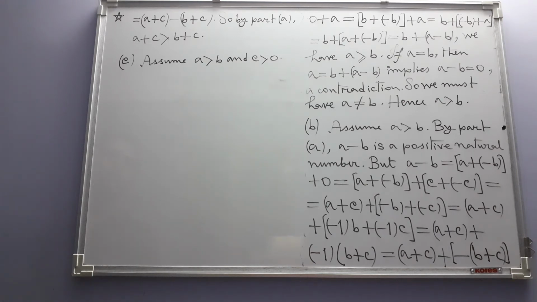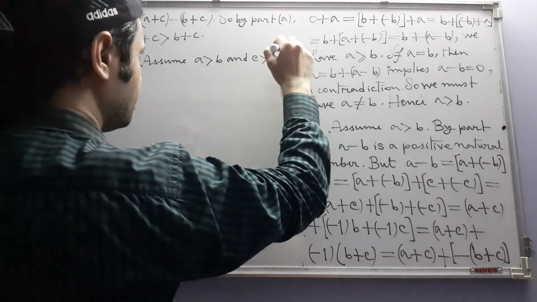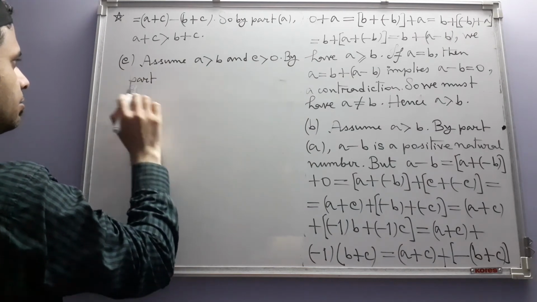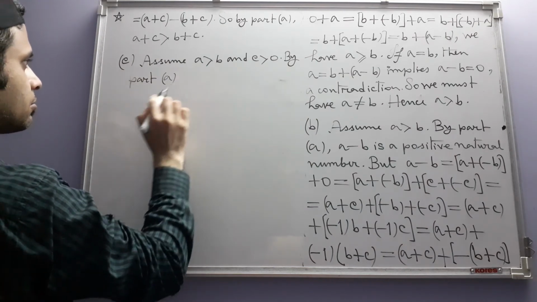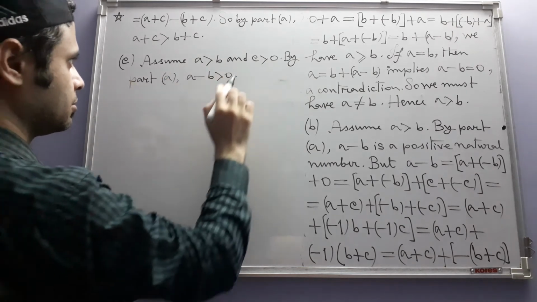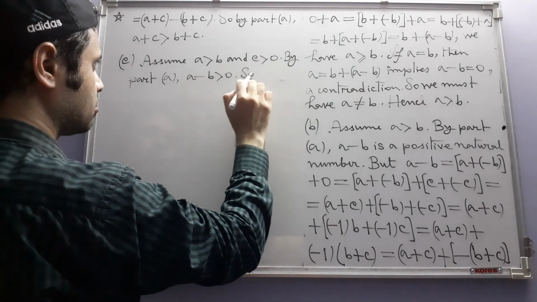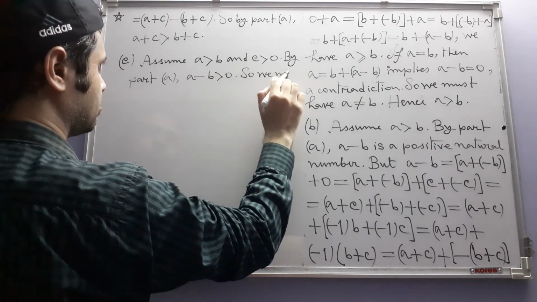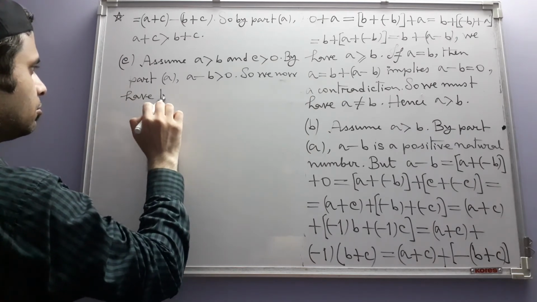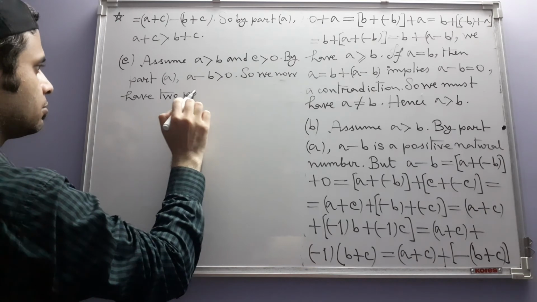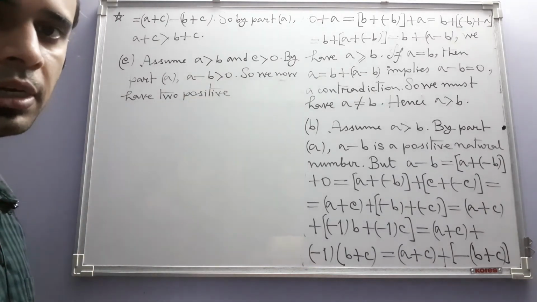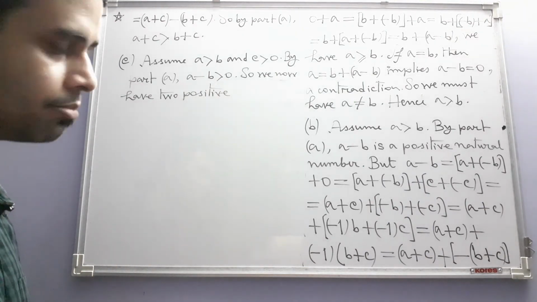By part A, a minus b is positive. So we now have two positive integers, but positive integers are also positive natural numbers.